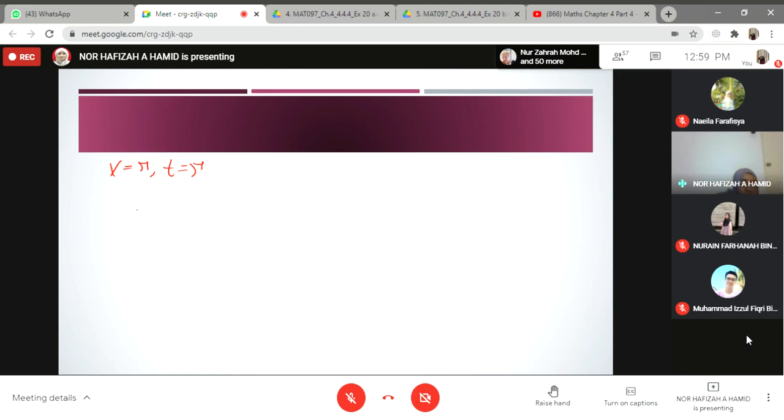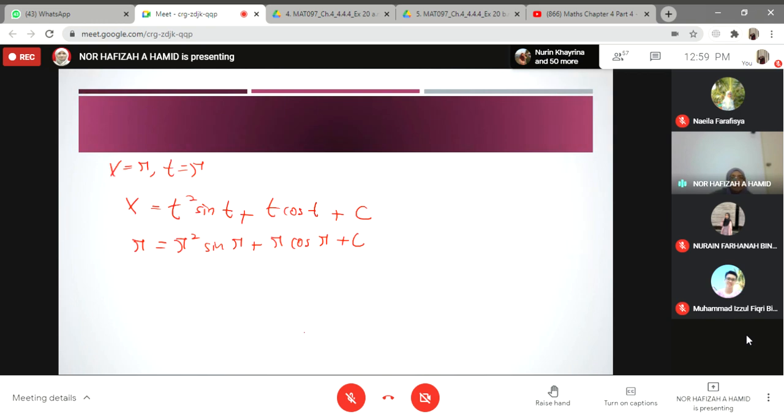Okay, so you punya equation is x, so saya write down balik, t square sin t plus with t cos t plus with c. Okay, so substitute x dengan pi. So pi equal to, so t also dengan pi, sin pi plus with pi cos pi plus with c.